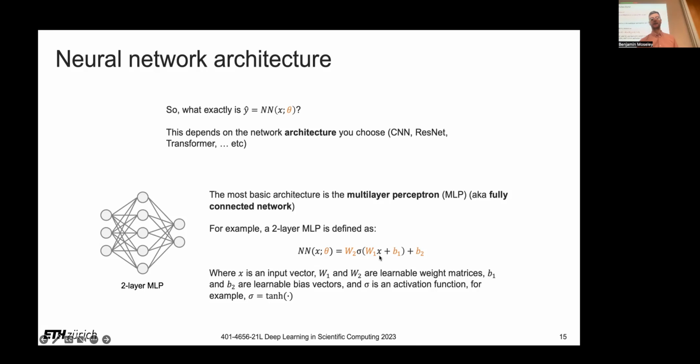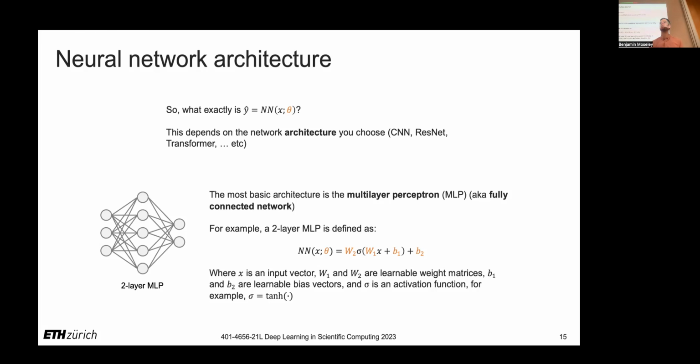We take X, and remember X here is a vector in general, and we multiply that by a weight matrix, W. So this is just a 2D matrix. Add it to a bias vector, and then we pass it through what we call an activation function. This is just an element-wise function on each of the individual elements of that resulting vector. And that's a basic layer in our multi-layer perceptron.